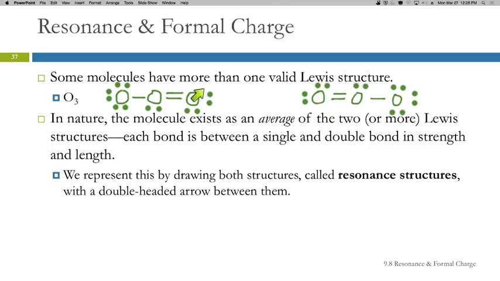These structures are extremely similar, but they're not exactly the same. Because this is an oxygen atom having a single bond, and over here, that same oxygen atom has a double bond. So these are not exactly the same.